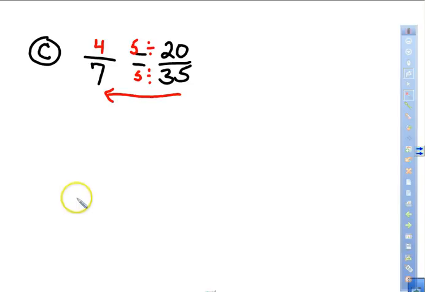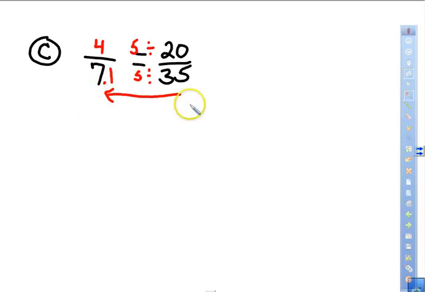Okay. Now some of you might be looking at this and say, well, 7 times 5 gives me 35, so what times 5 gives me 20? That is another way of doing it, and if that works better for you, feel free to do that as well. The only issue that you're going to run into is if we throw a decimal point in here or on this side, then you're not going to be able to know exactly how many times 7 goes into 35 if it were 7.1, for example.